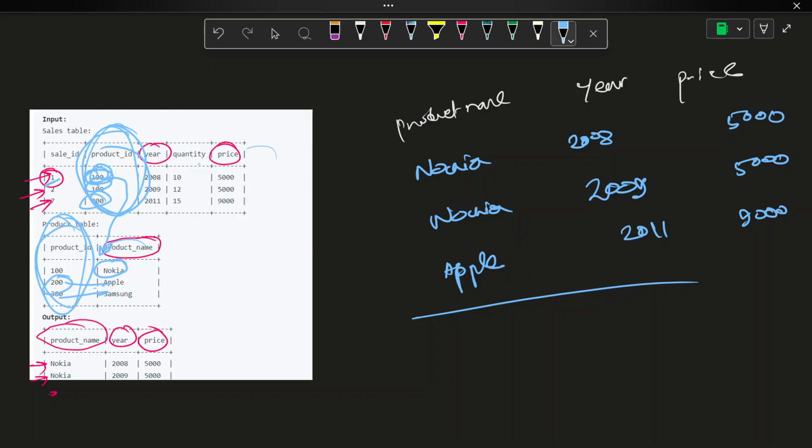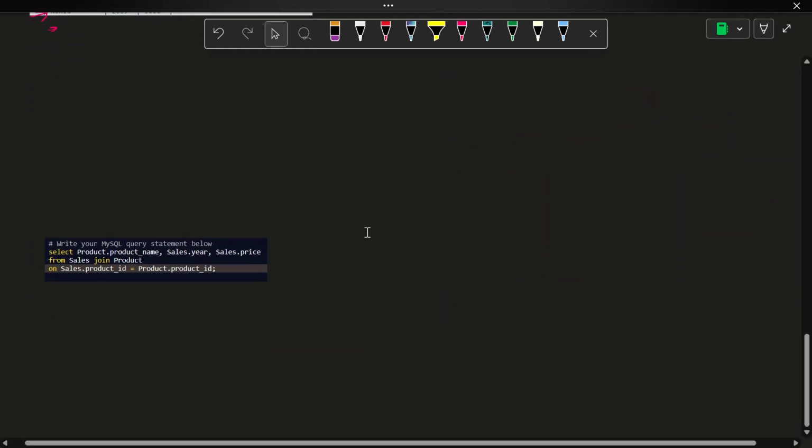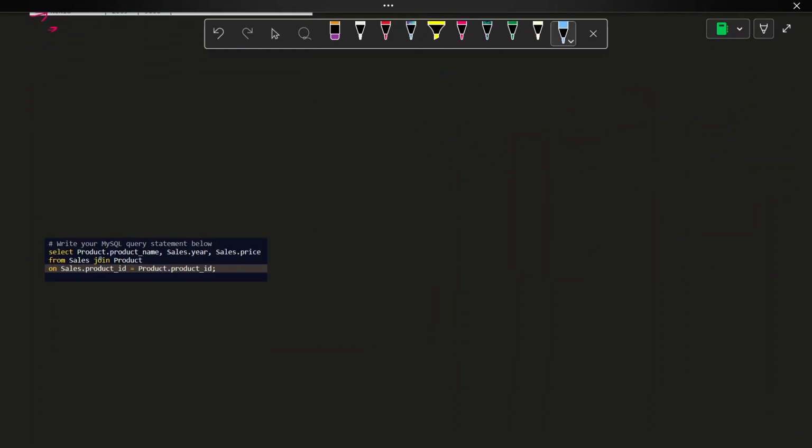Got it? So with a simple inner join I can do this. We can solve this: select product name from the Product table, and from the Sales table select year and price. I will join the two tables, Sales and Product, on Sales.product_id equal to Product.product_id, right?